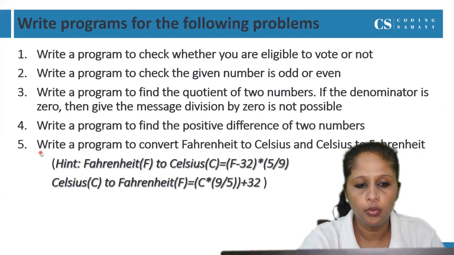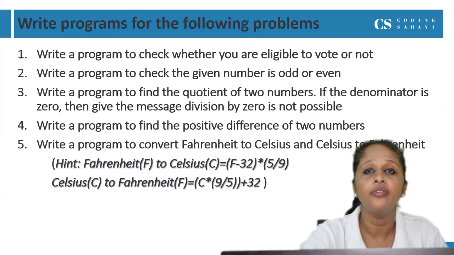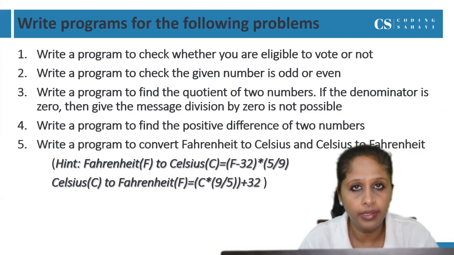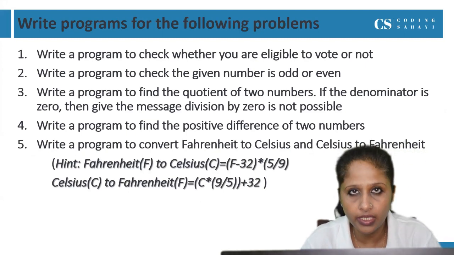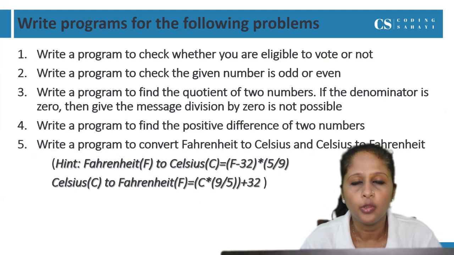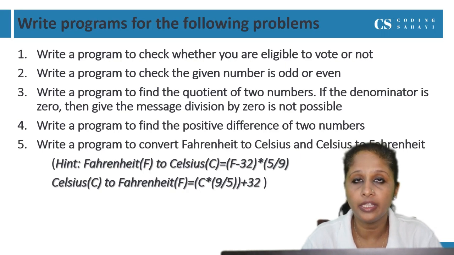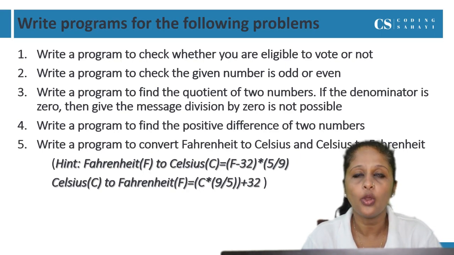So our fifth program is: write a program to convert Fahrenheit to Celsius and Celsius to Fahrenheit. So if you are entering Fahrenheit, then it should be converted to Celsius. Otherwise, it should be converted to Fahrenheit. Here we have to give two options, like enter your temperature in Fahrenheit or Celsius.